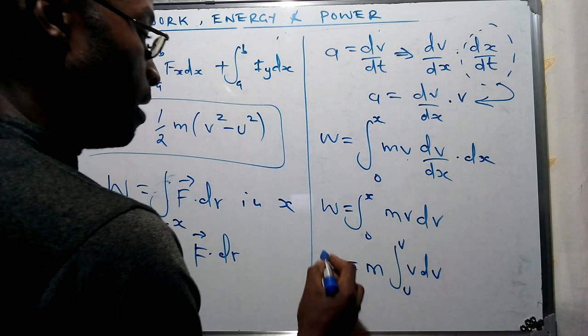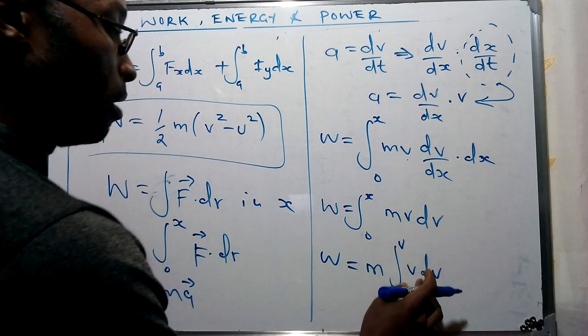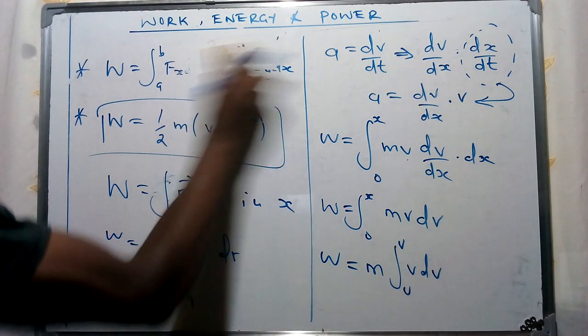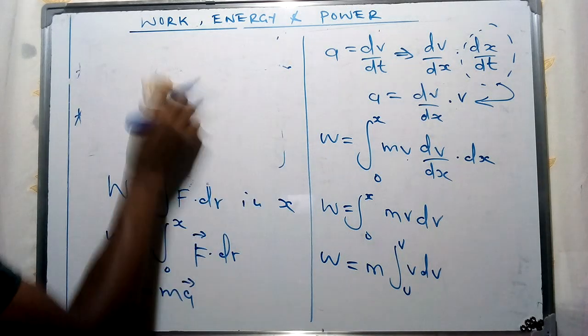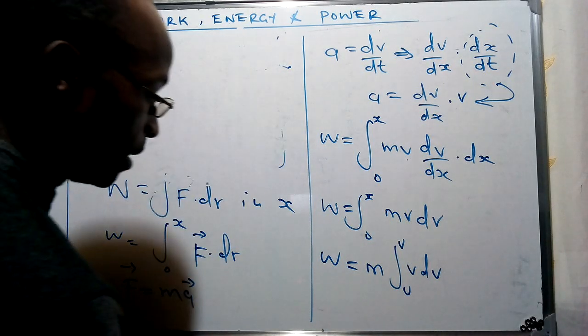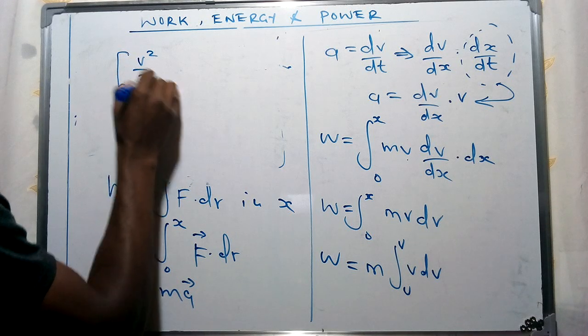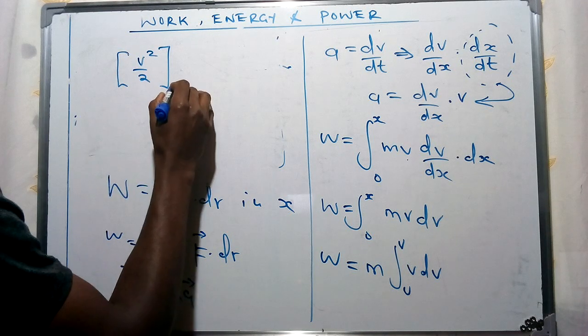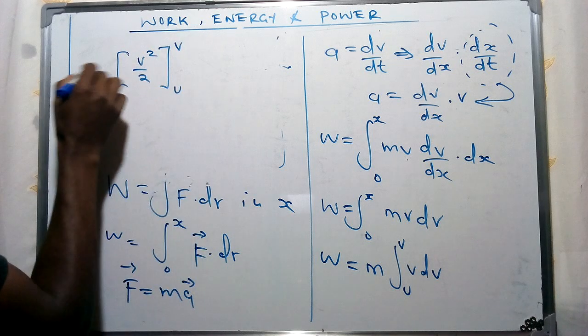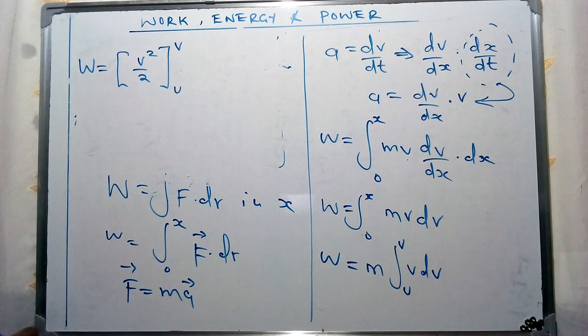So for us to find the integration of this one, we're going to have a normal integral given as v squared over 2 from u to v. And this is going to give us the element of work done in this case.